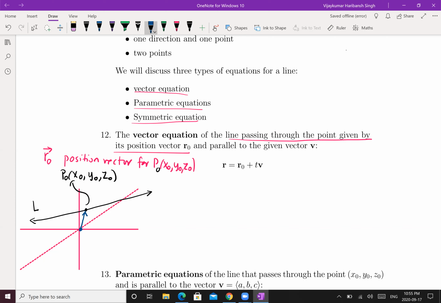So this vector here is vector r0. Now, what else are you given? You're given a direction parallel to the line, which we call V.